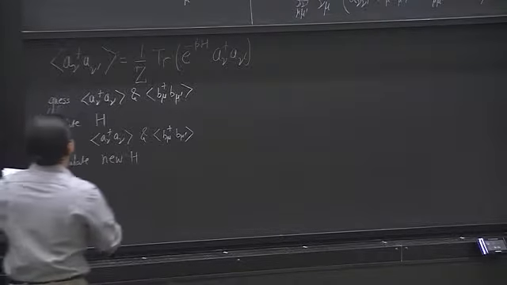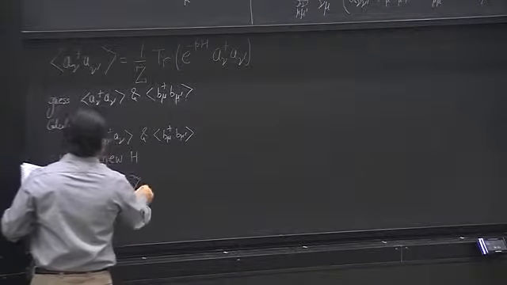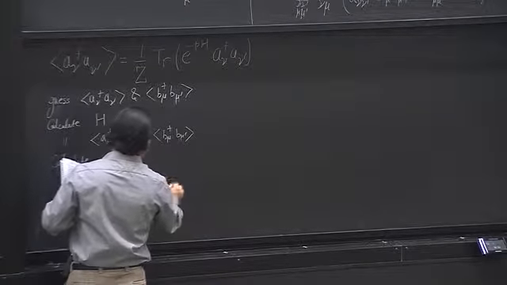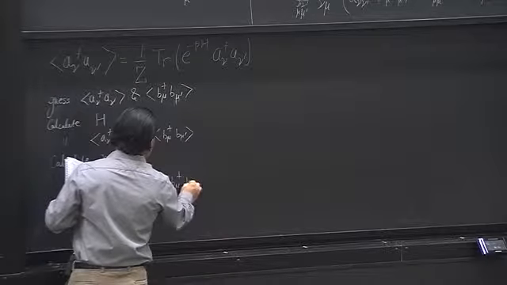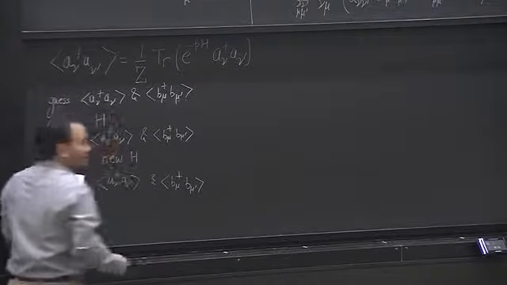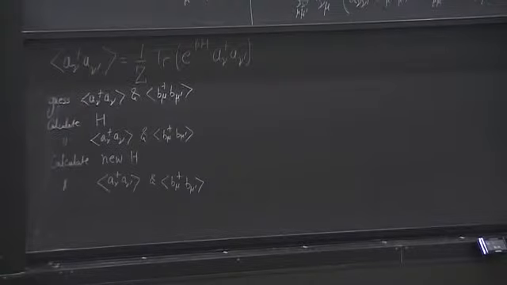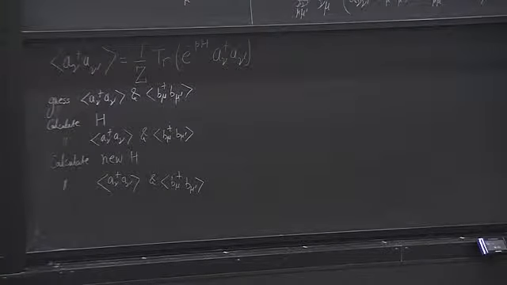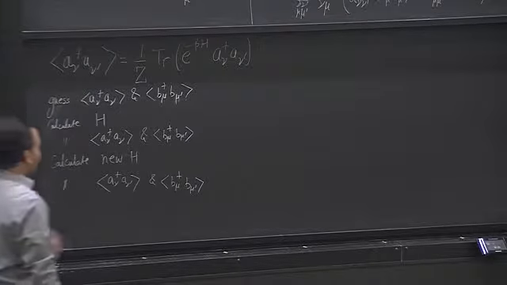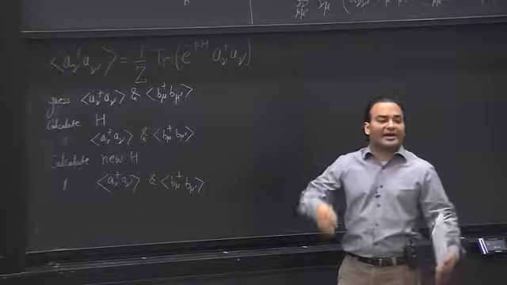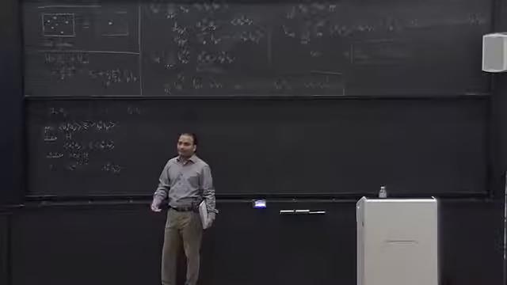Use the new Hamiltonian to calculate expectation values, and keep doing this till the expectation values you put in to calculate H are the same as the expectation values that you calculate using the new H. Keep doing this, and eventually you will have calculated the expectation values self-consistently.